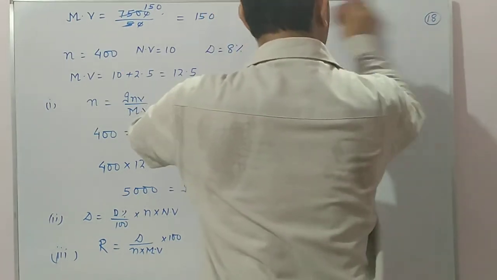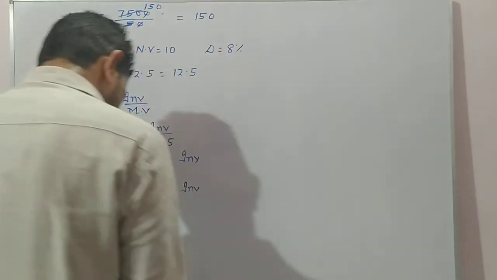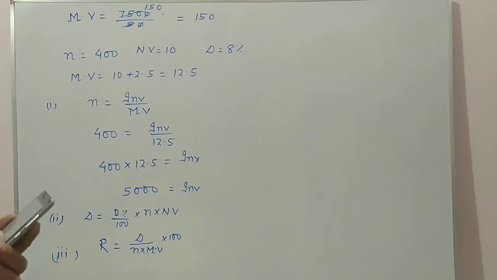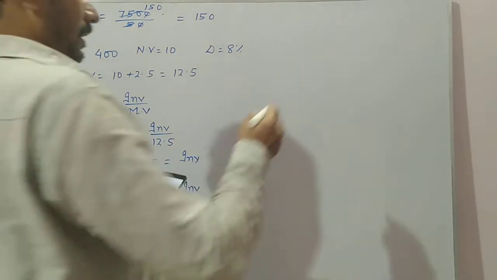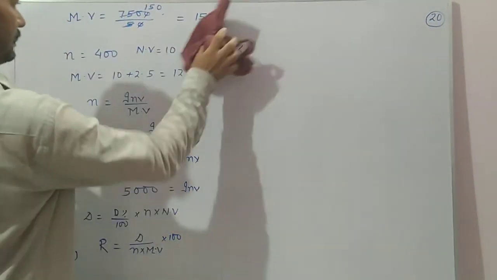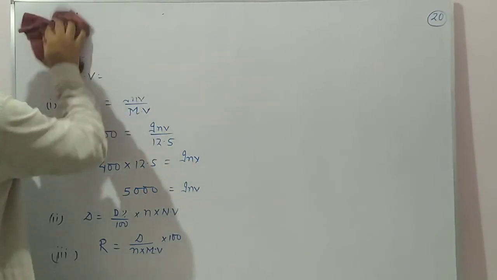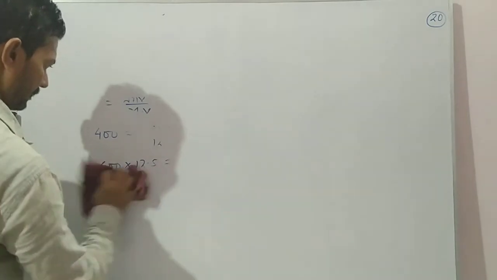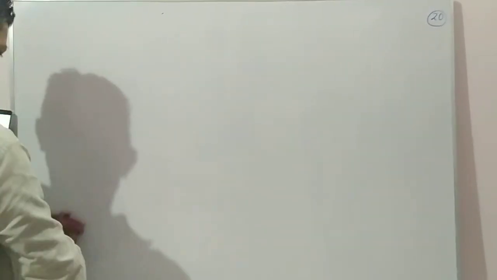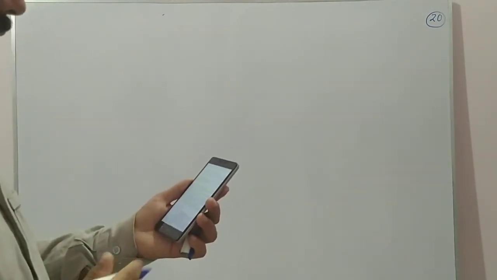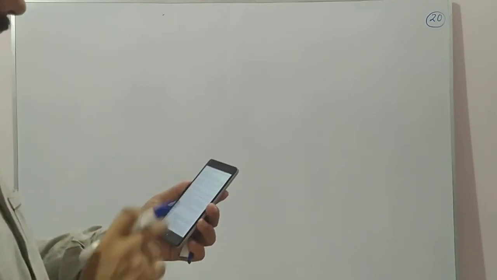Next, question number 20, it is given that a man invests 10,400 in 6% shares at 104 and 11,440 in 10.4% shares at 143.